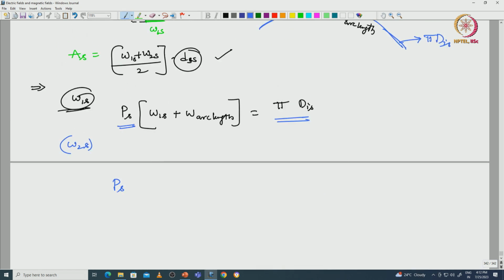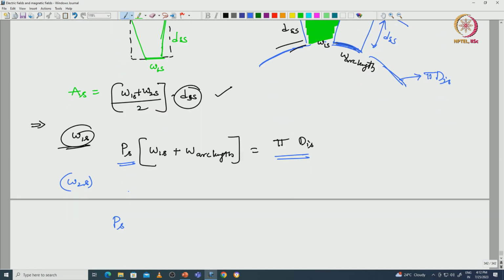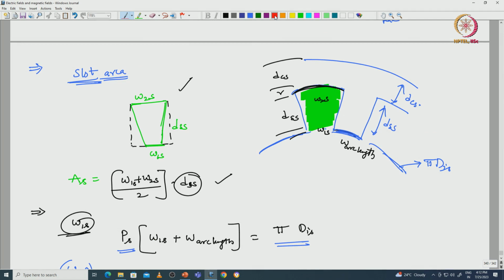And with respect to W2S, what is the perimeter of the stator circumference? Number of poles PS into W2S plus arc length, which is not changing, right. Assume the arc length is the same in this region also, here also I am considering W arc length, and this is the width of the slot W2S here, and here it is W1S.